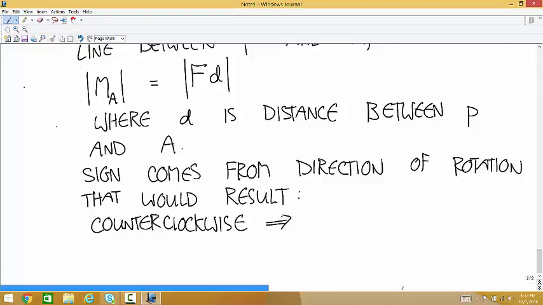It's a nuisance when I'm doing figures in Word for problems, because I always think of positive as counterclockwise, and anything else clockwise is sort of the default, but not here. So counterclockwise means the moment is positive, and clockwise means negative.